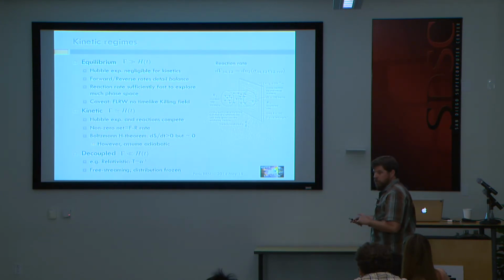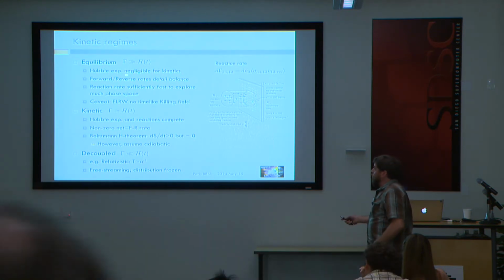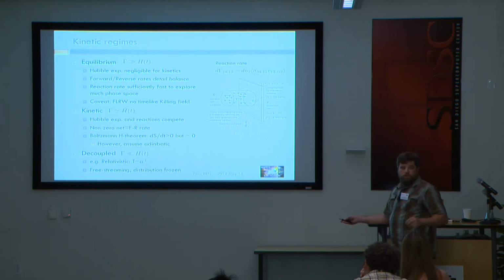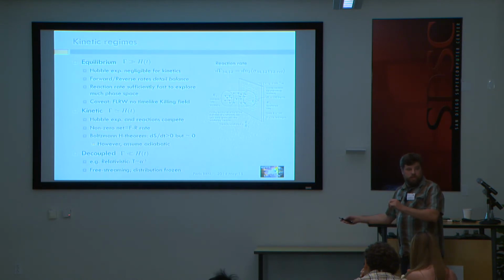So that means that both the collision integral and the change in the distribution function with respect to time is much larger than the change in the scale factor, and so you can ignore it. And what that means is that the forward and reverse reaction rates detail balance. And that means that the reaction rate is sufficiently fast so that each particle explores huge amounts of the phase space. And that's the requirement that you need to get to equilibrium.